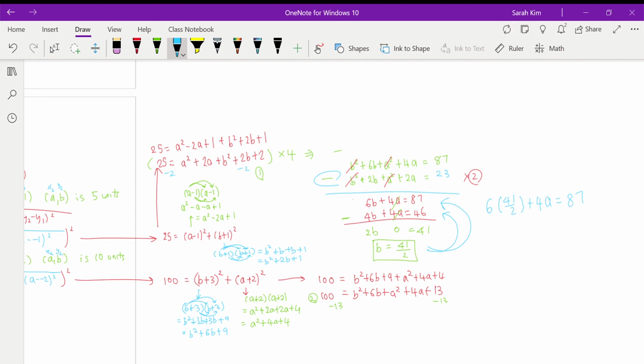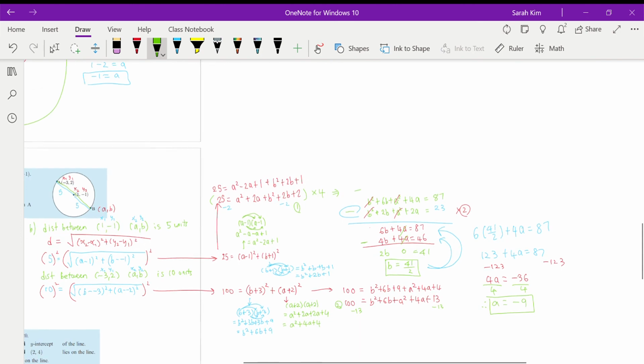So I'll do 6 times 41 divided by 2. That's 123 plus 4a equals 87. I'm going to take 123, take 123. 87 take 123, so my 4a must be negative 36. So I'm almost done. I'm just going to divide by 4. Therefore, a is negative 9.